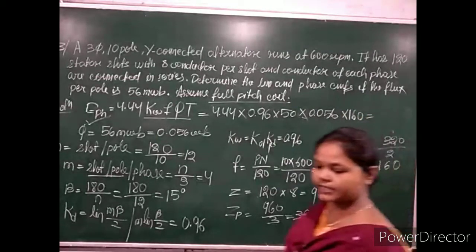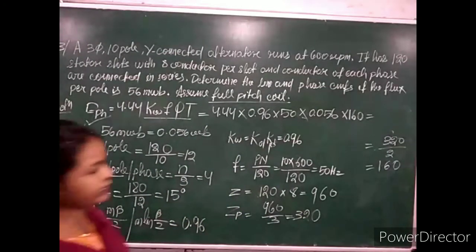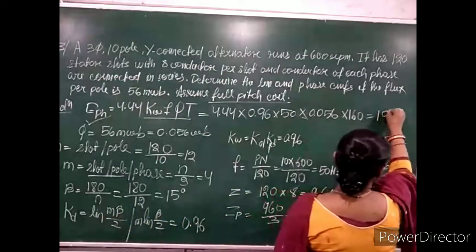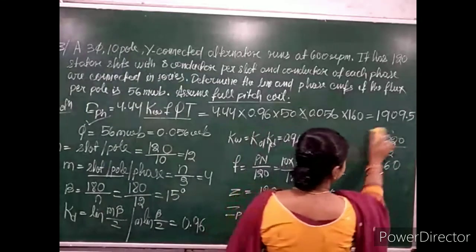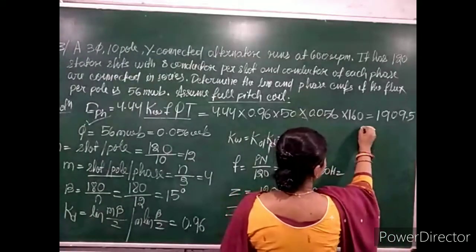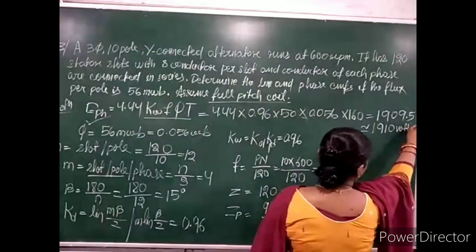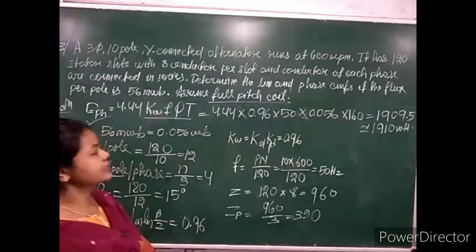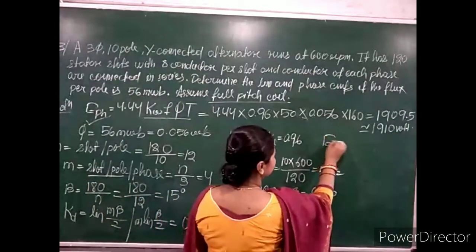After calculating this, you get a result of 1909.5 volt, or it is approximately equal to 1910 volt.